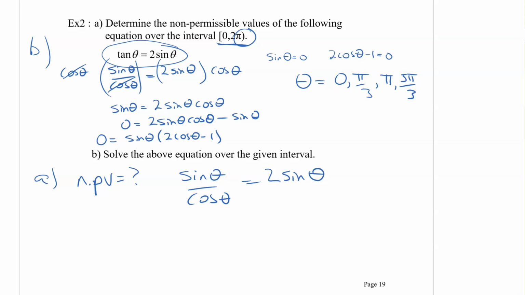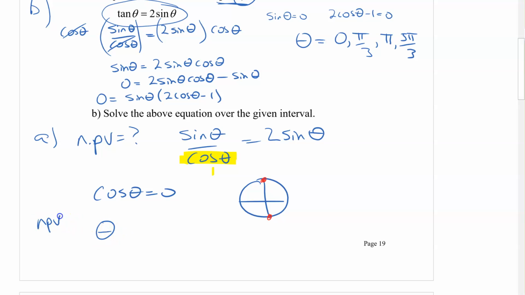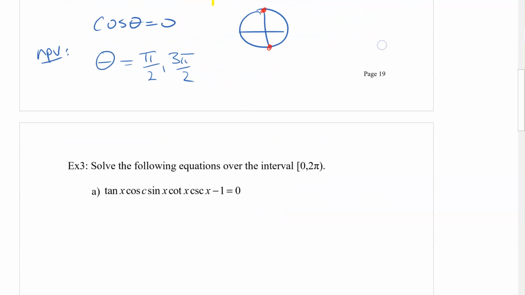The only denominator is there, so really my non-permissible values are going to happen when cos theta is equal to 0. So when is cos theta equal to 0? Cos is the x values. I've got a 0 up there and down there. So the non-permissible values are when theta is equal to pi over 2 and 3 pi over 2. Okay, so I switched A and B around.